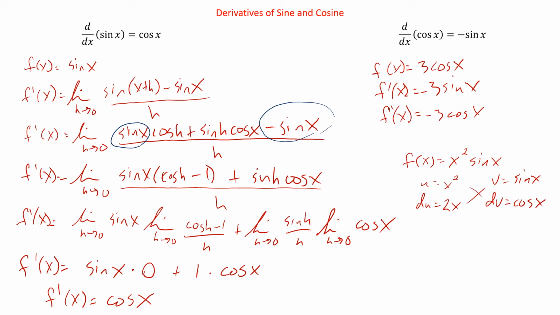So we can multiply and multiply. Again, I usually do this one first, because with a quotient rule, the order is important. So we get f prime of x equals 2x sine x plus x squared cosine x. There we go. It's product rule.